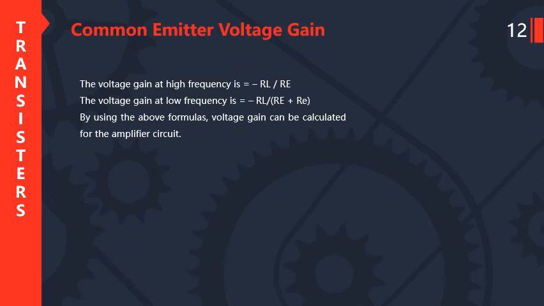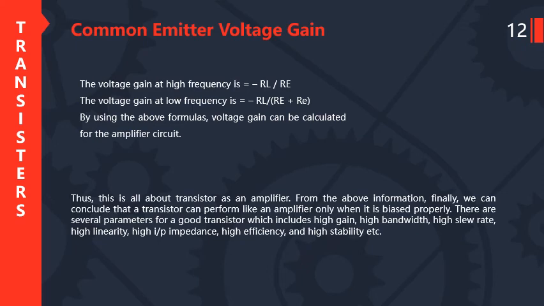The voltage gain at high frequency is minus RL divided by RE. The voltage gain at low frequency is minus RL divided by re plus RE. By using the above formula, the voltage gain can be calculated for the amplifier circuit.